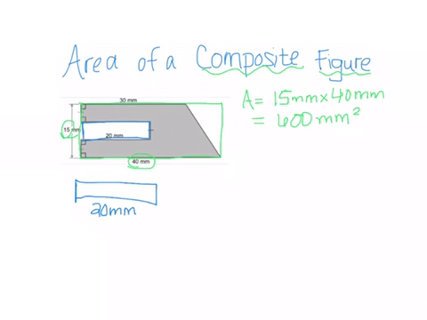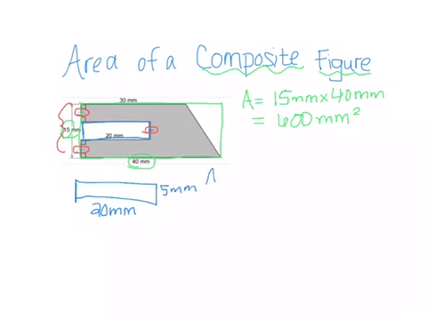What is the width? Well, there's some really special notation on this. Notice these little lines in here. These lines mean that they are all the same length. And given that my entire height is 15 millimeters, I need to break this down into 3 equal pieces. 3 pieces that are the same length. And so if I take 15 and divide that by those 3 pieces, I get 5 millimeters.